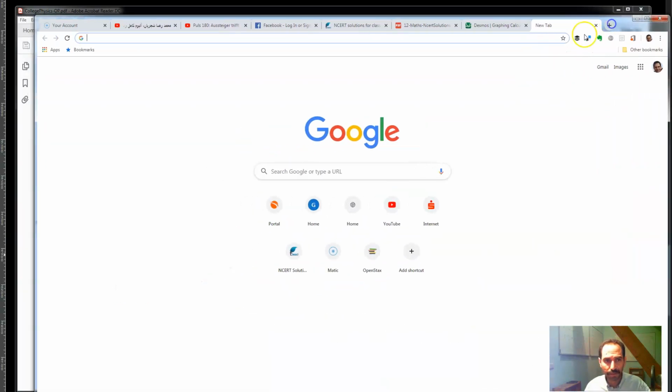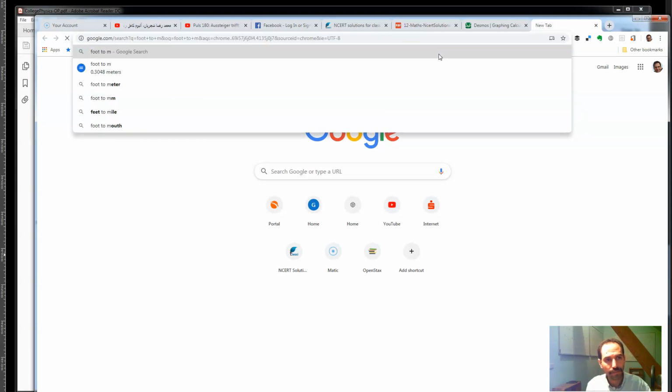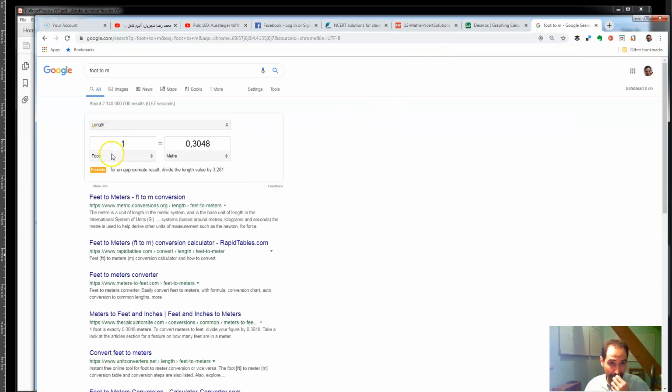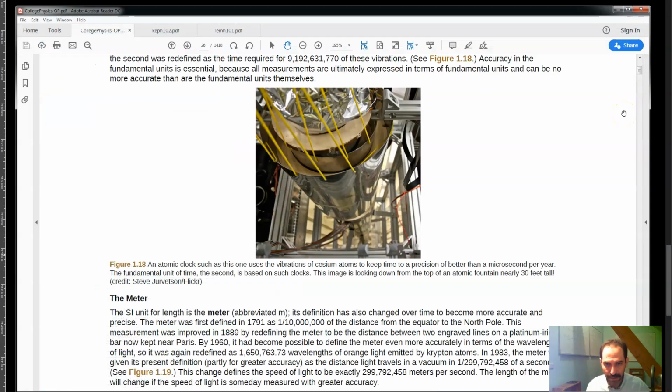If you want to convert, of course, in a physics course, it's not a good idea to use Google, but for now, foot to meter. So you see 1 foot is equal to 0.3048 meters, and 30 feet would be 9 meters. About 10 meters is the height of this tower.